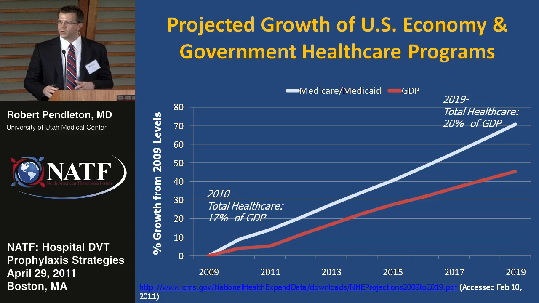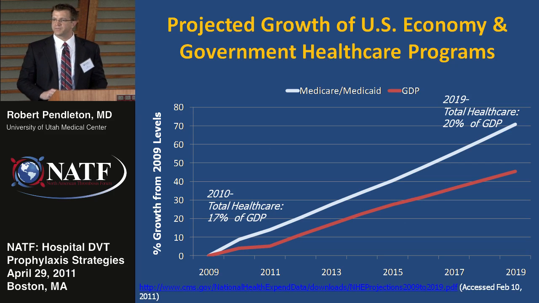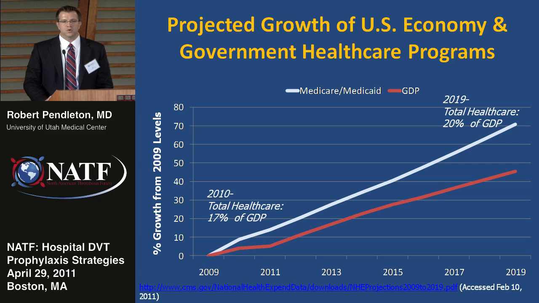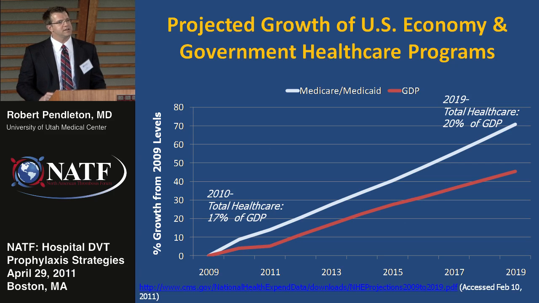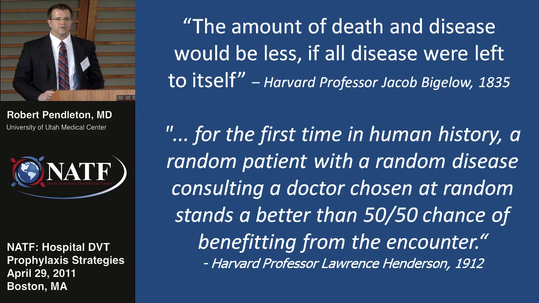Really and truly a rate that is not sustainable. So one of the fundamental questions that I think we first have to ask is, what kind of return on investment are we getting? In other words, if we're spending a lot of money, what kind of quality are we receiving as a healthcare environment?